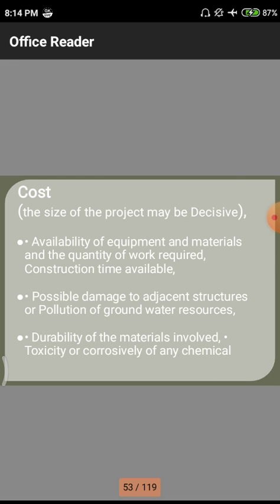Next we have the possibility of damage to the adjacent structures. If you are constructing a large building of 10 to 20 stories, we also have to look at the surrounding structures.